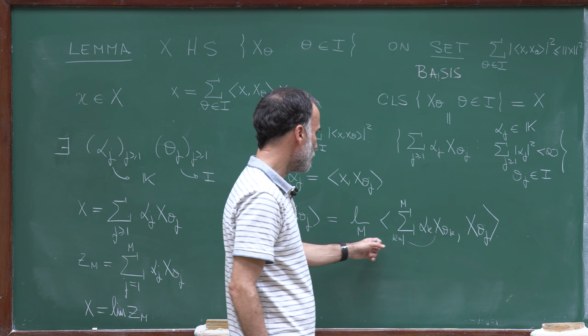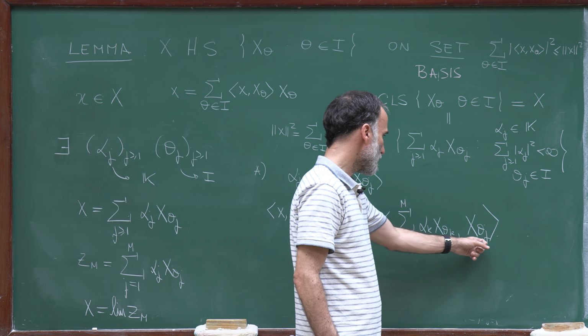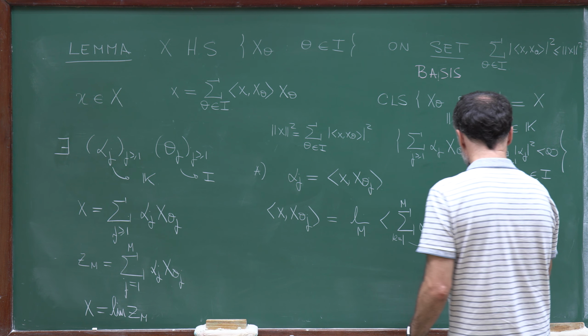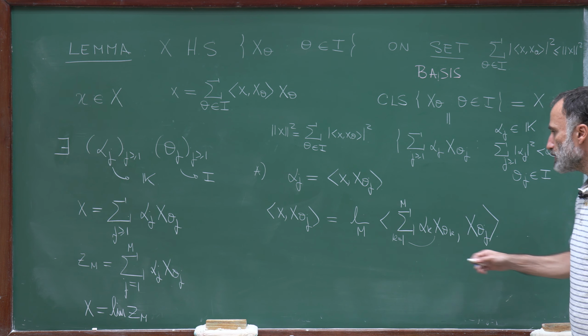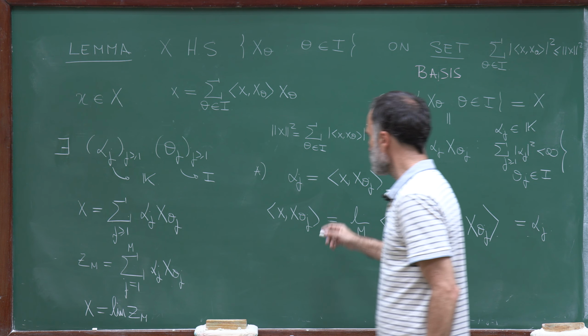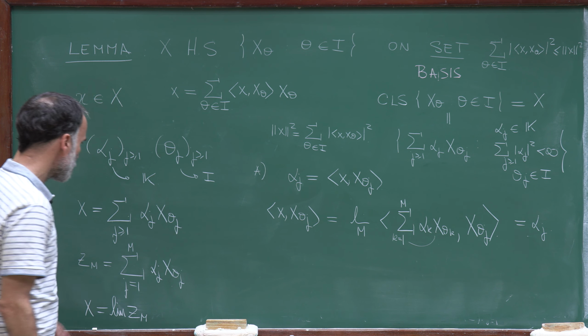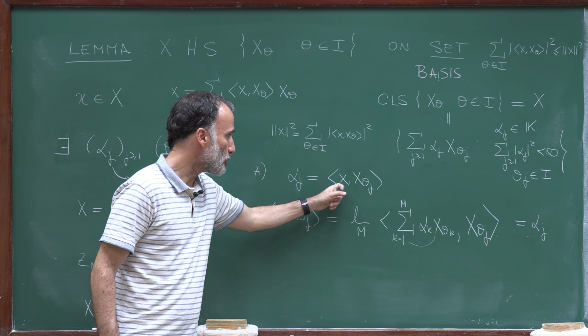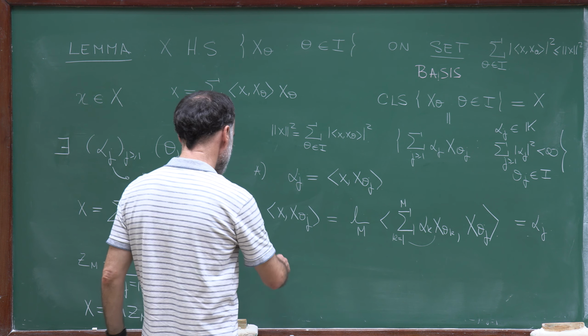So for m larger than j, this scalar product is equal to alpha j, and therefore the limit is equal to alpha j. So this proves my first claim. All these alpha j's are actually the scalar product of x with x theta j.